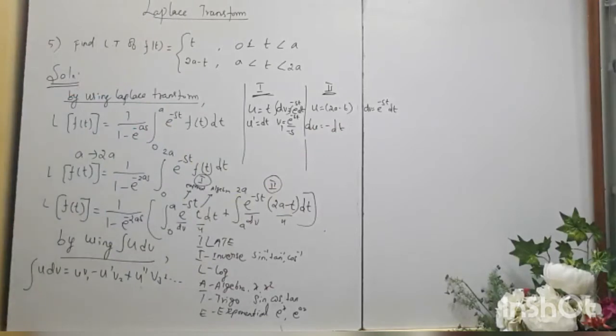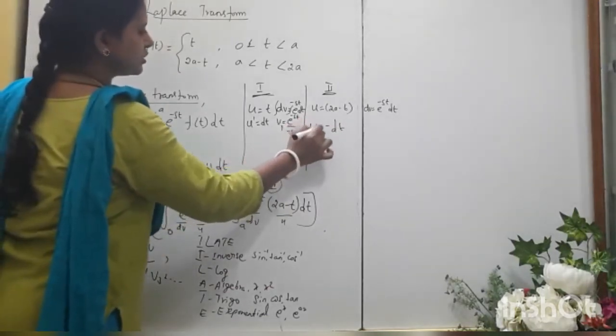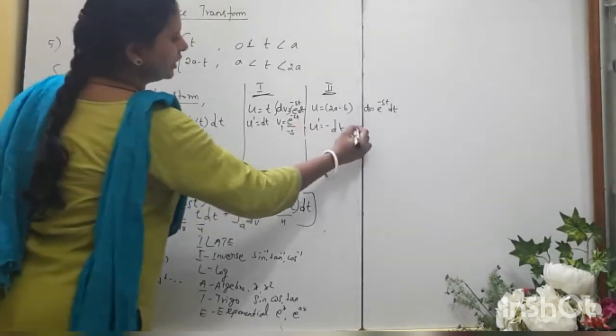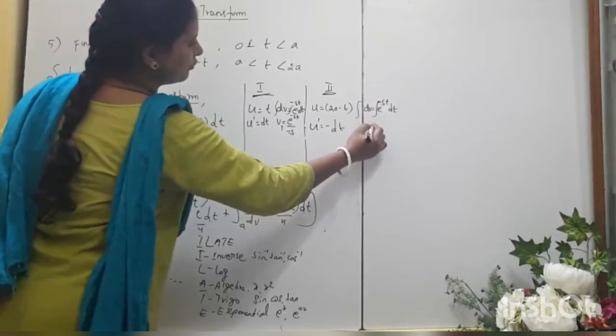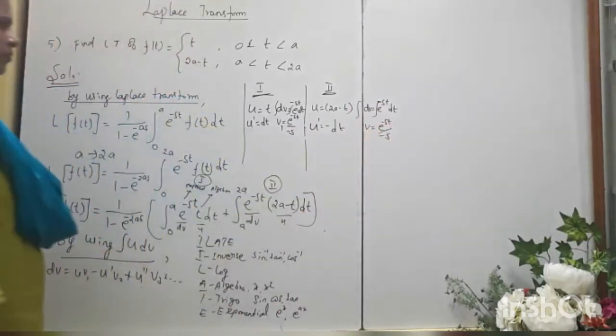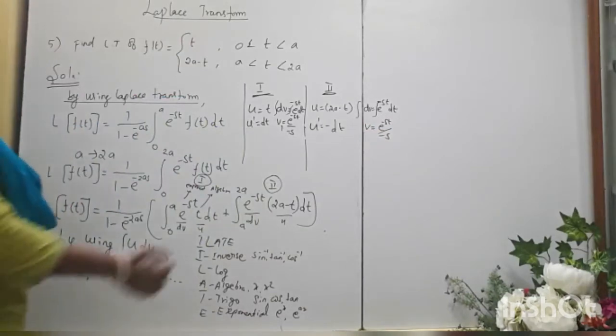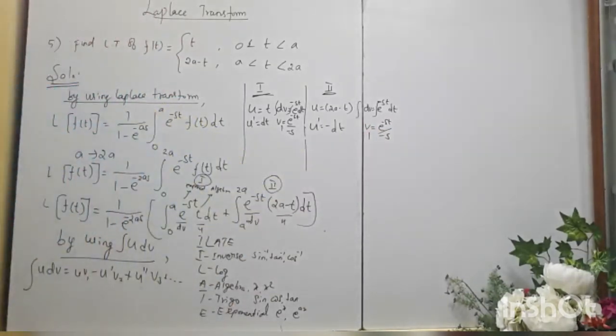Du equals minus dt, that means u dash. So here v, you are taking integration on both sides. So v equals e power minus st by minus s, that is V1. Next, you are applying it in the formula for both.